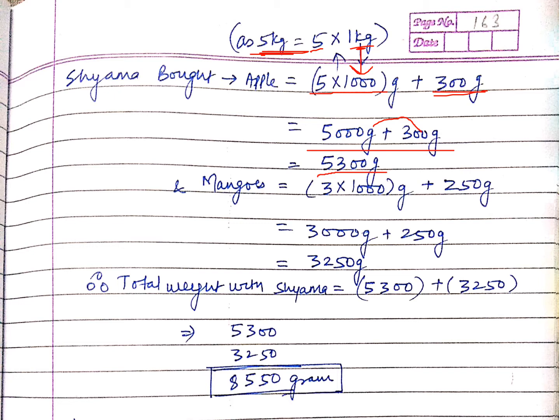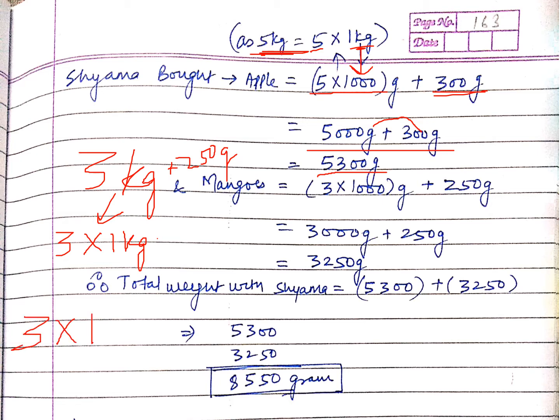This is the apple she bought. Now about the mangoes. She bought 3 kg plus 250 grams of mangoes. Again, I can see this 3 kg as 3 into 1 kg, which finally becomes 3 into 1000 grams. Why 1000 grams? Because the value of 1 kg is how much? 1000 grams only.